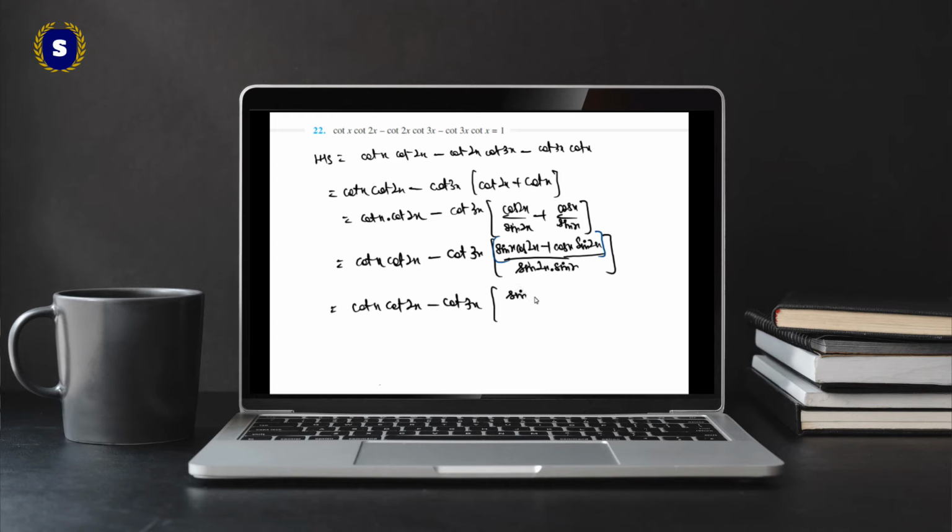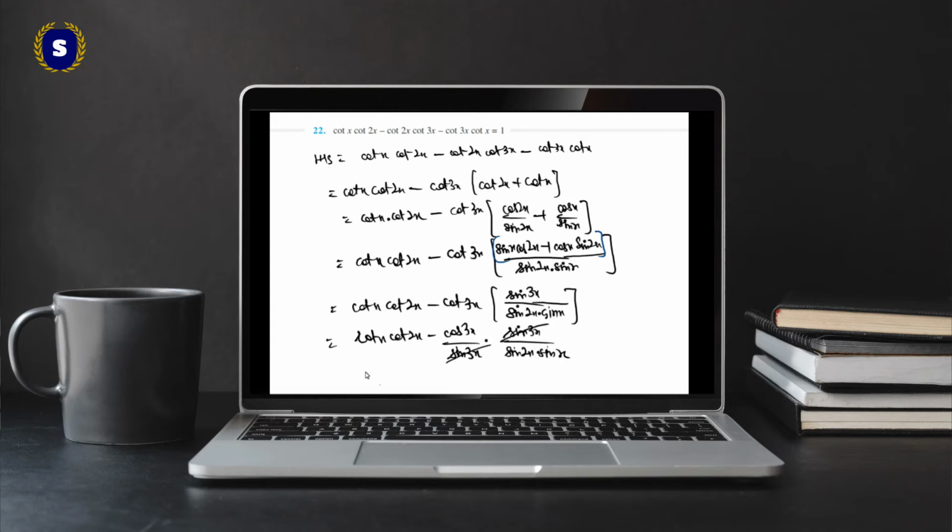Sin a plus b, that will become sin 3x. So now elaborating this cot 3x as cos 3x upon sin 3x, we'll get cos 3x upon sin 3x. Sin 3x and sin 3x will cancel out each other.